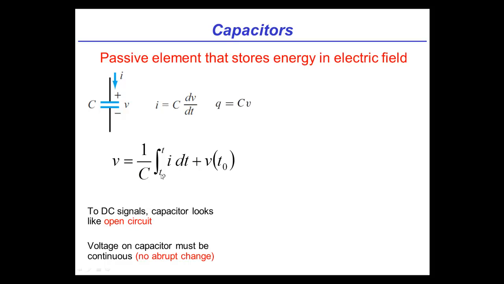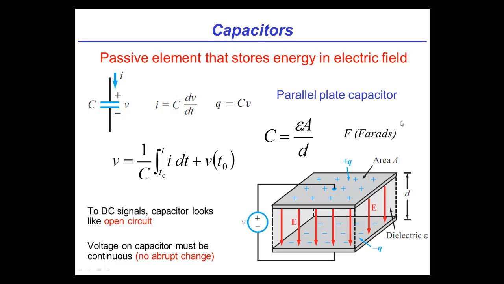Now, Michel, you mentioned earlier that you think this capacitance has something to do with the geometry of the capacitor. That's absolutely true. The classic example that we use for a capacitor is the so-called parallel plate capacitor. A parallel plate capacitor consists of two plates of given surface areas laid on top of each other with a gap insulator between them.